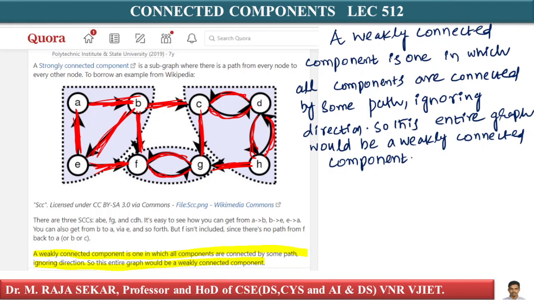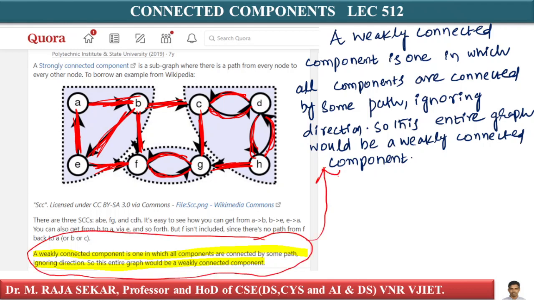So that is clearly stated. A weakly connected component is one in which all components are connected by some path ignoring directions. So this entire graph would be a weakly connected component.